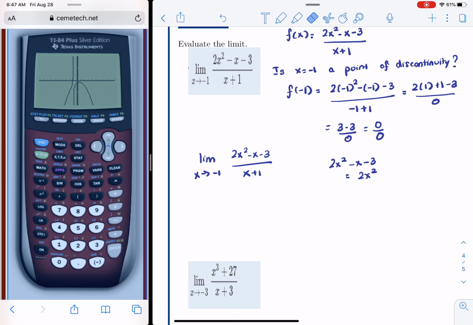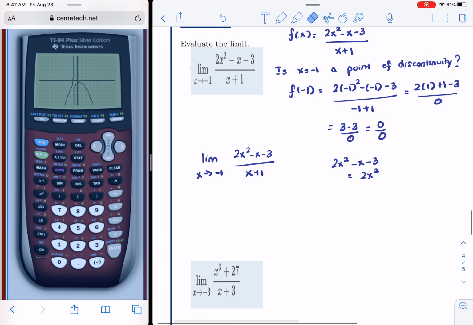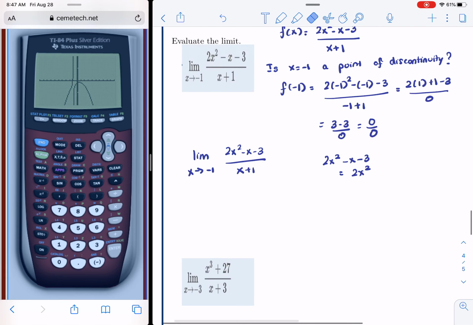So the product of the first and the last term would be negative 6, and we'd like to get a negative 6. So perhaps negative 3x plus 2x would work. So if I pull x out, we have 2x minus 3, and 1 out, we have 2x minus 3. We have 2x minus 3 in common.